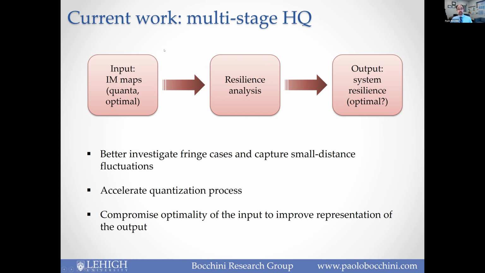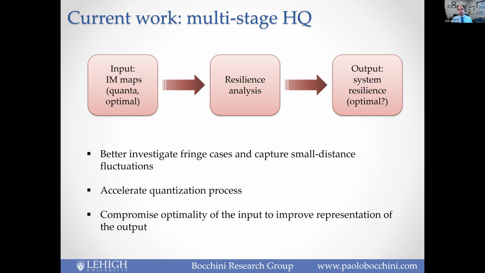Now the question is, does optimality of the input guarantee optimality of the output? And the answer is no, unfortunately. What we would really like to have is optimality of the output, but we can only prove optimality in the input representation. So to address this, what we're doing is something called multi-stage hazard quantization.